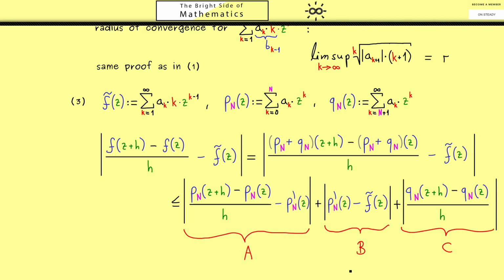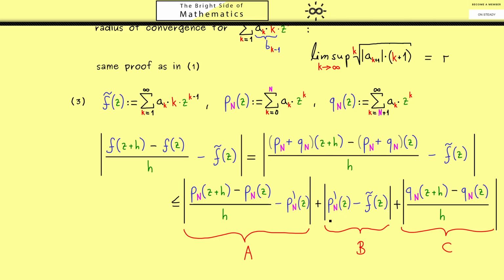So then let's see which one of them makes problems. For the first one A, we already know when we send h to 0, this one goes also to 0. Hence, no problems there. What about the second one? Indeed, by the property 2 from above, we already know this thing here converges to 0 when capital N goes to infinity.